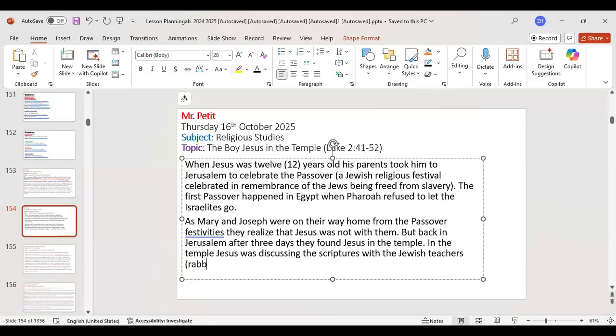The teachers of the law and the elders. So he's having very huge, mature conversations with these people.